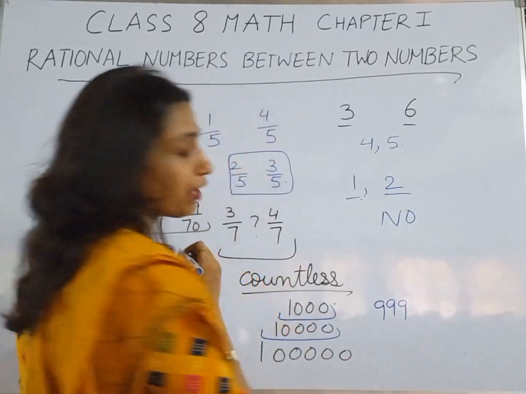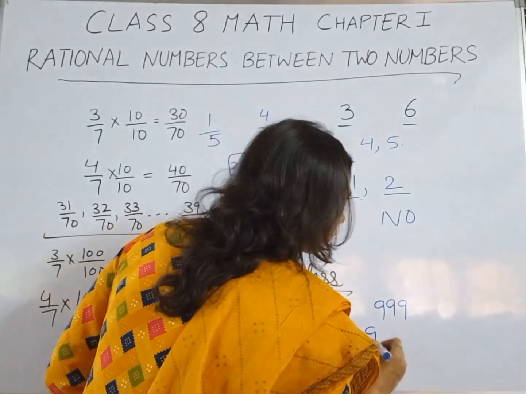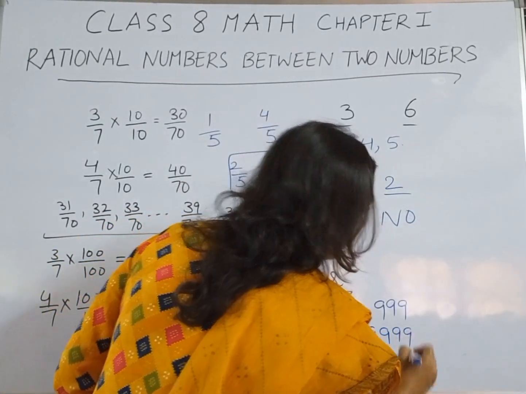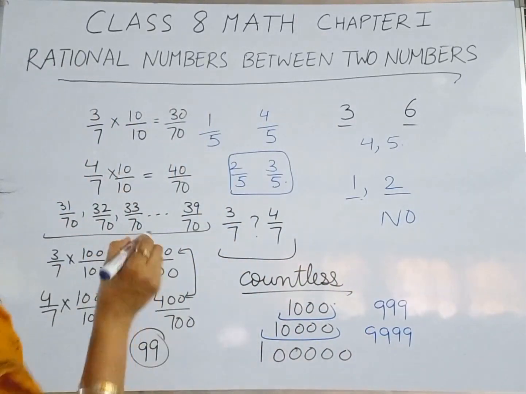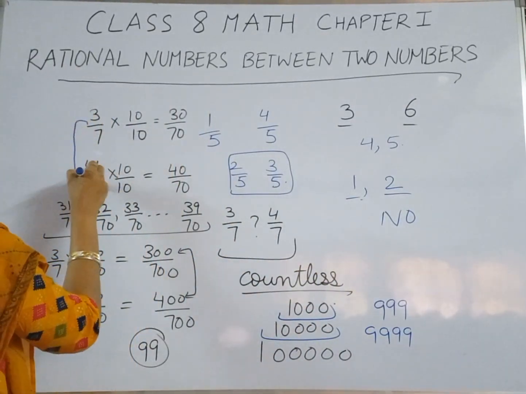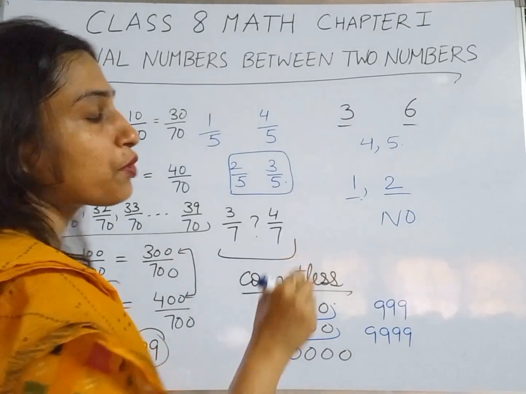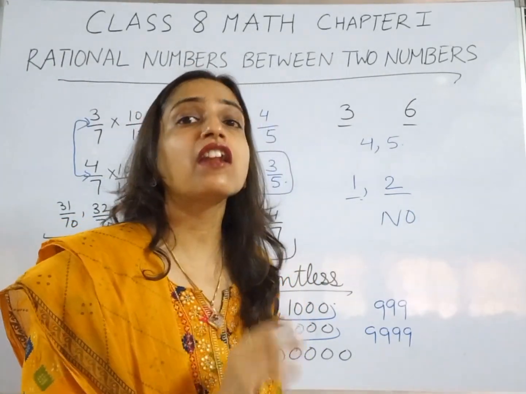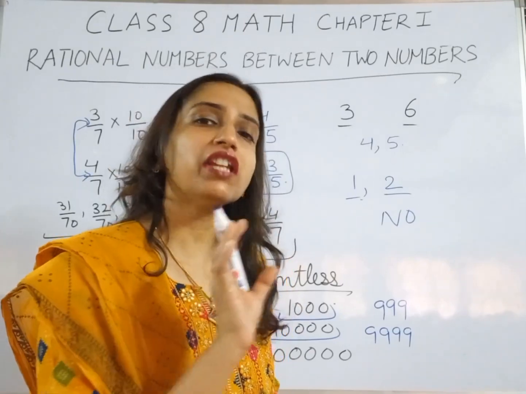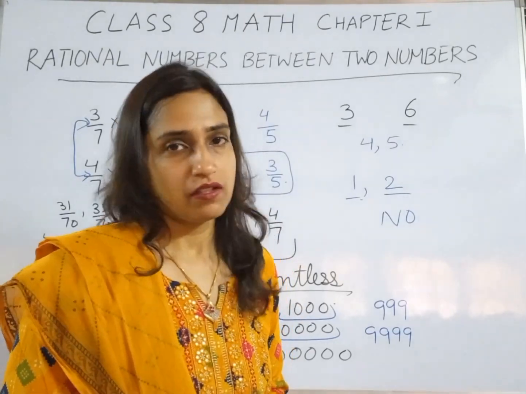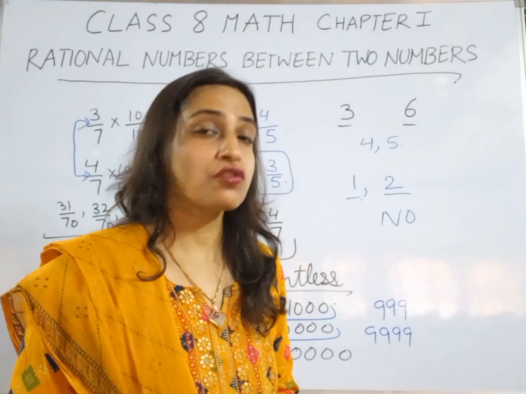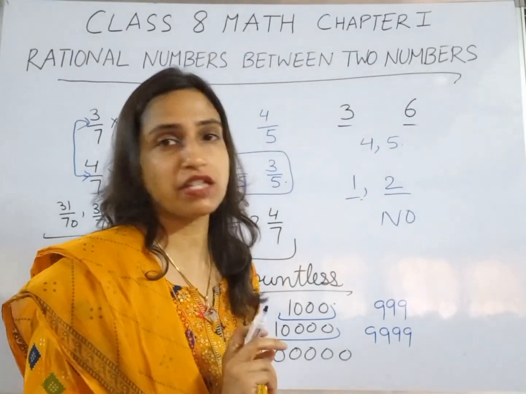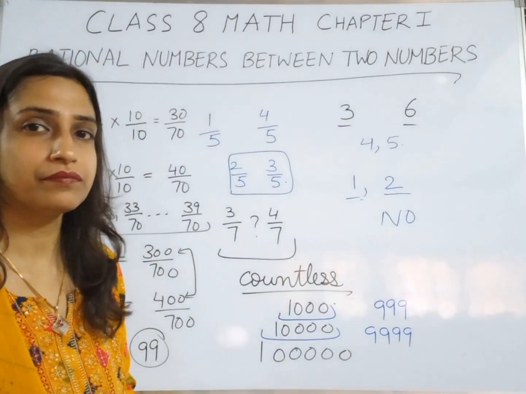And if I multiply with 10,000, there would be 9,999 rational numbers between 3 by 7 and 4 by 7 only. So this process will go on. That's why I said that there are countless numbers between any two given numbers. Now you understand the concept. So now we can solve the questions based upon this particular topic.